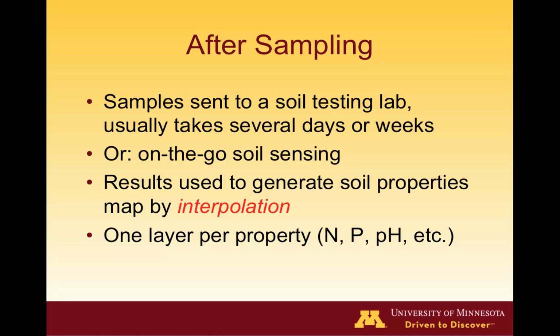The soil sample test results are used to generate a soil properties map by interpolation, which we will talk about later, and one layer per property. For every single property, you get one layer in ArcGIS, as I said before.